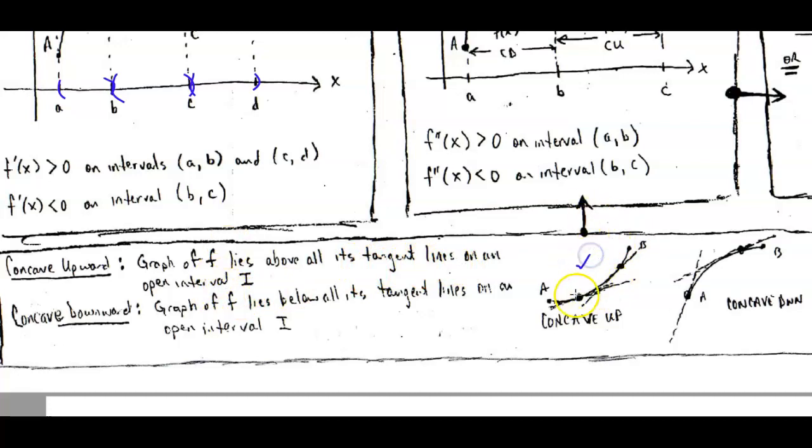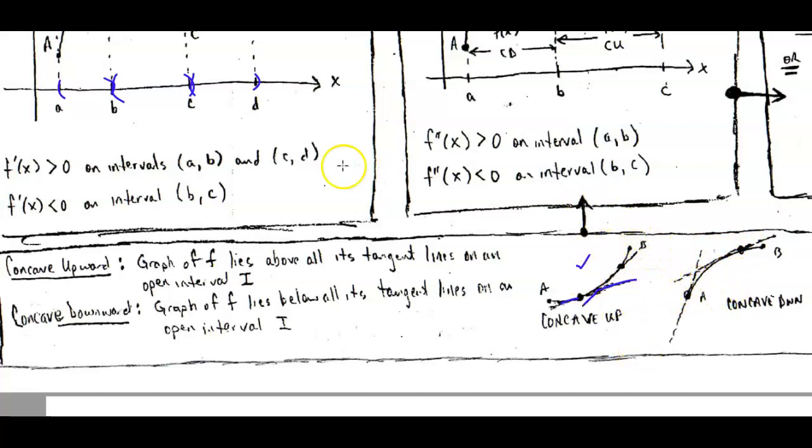So as you can see here, here's your function, and all these tangent lines that I have here are all lying below the function. So when I can take a function and draw the tangent lines below the function, then I know it's concave up for that portion. So similarly, concave down, if I can draw all of the tangent lines above the function, kind of like what you see here, then the function is going to be considered to be concave down.